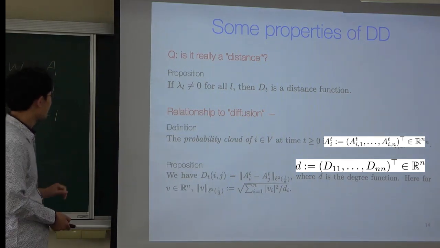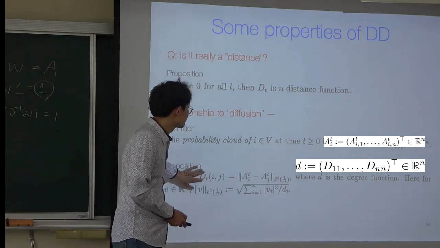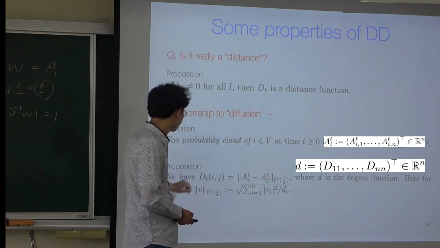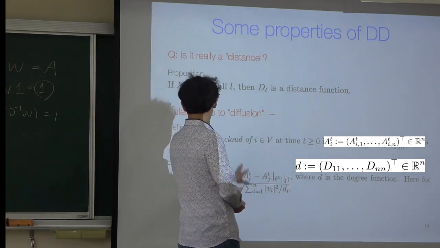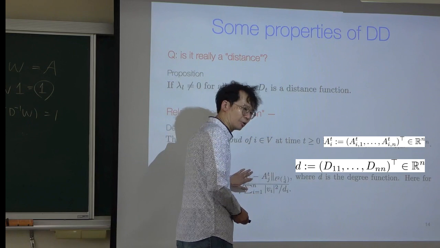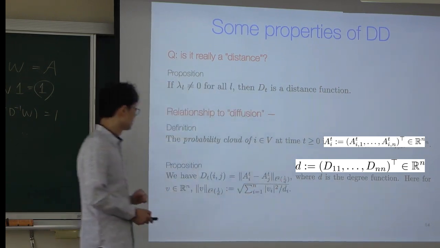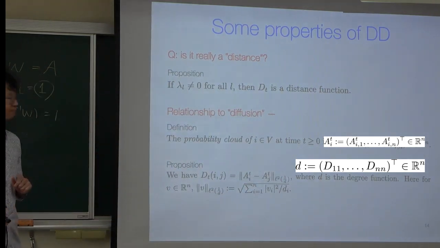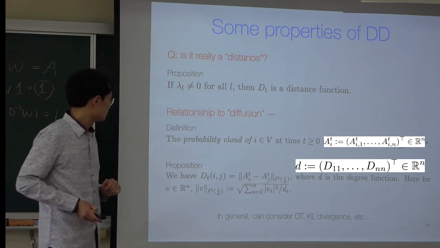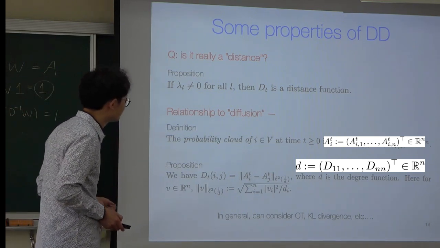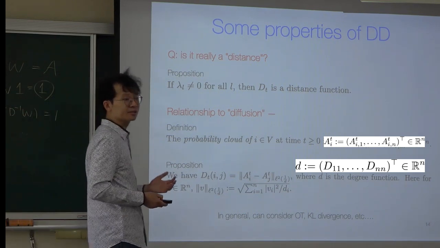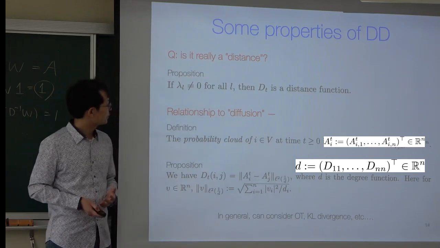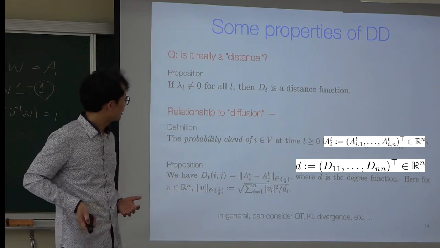So the diffusion distance is directly related to the probability cloud L2 distance with weight, and that is something you can quantify. In general, you can also consider several other distances, and they can all be useful.